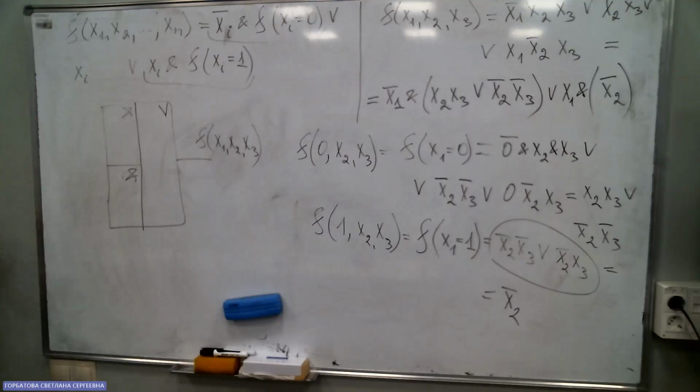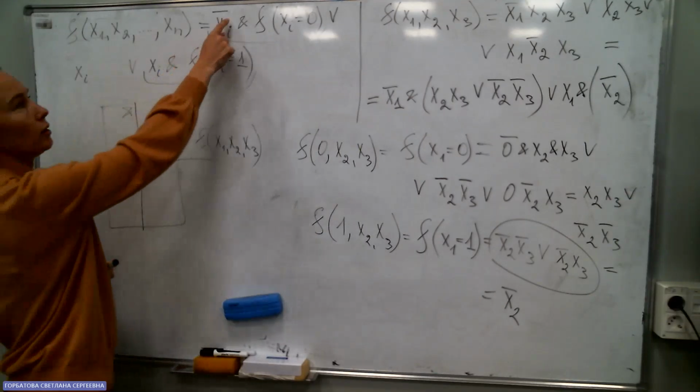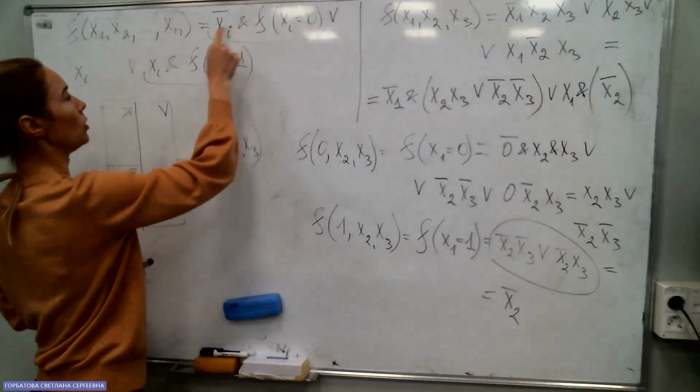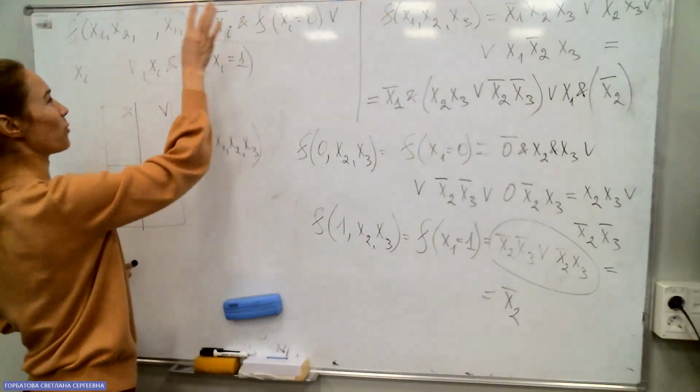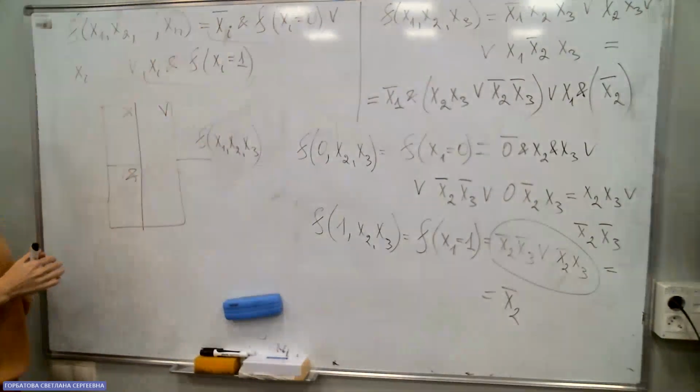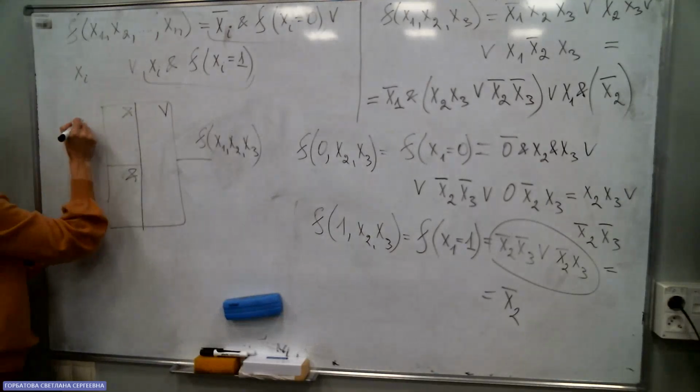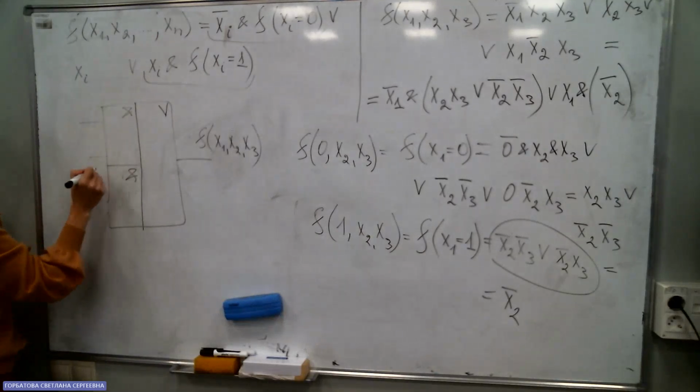Two inputs, then two inputs. Two plus two, four. Yes, four inputs.